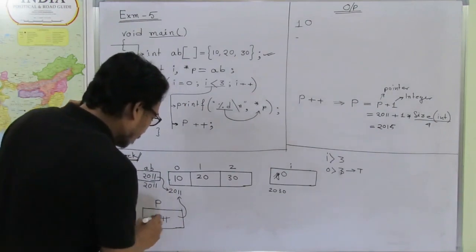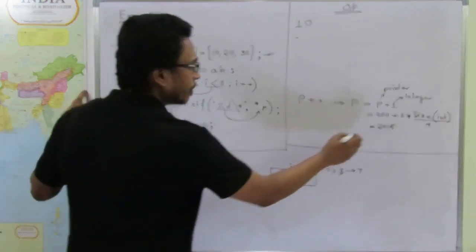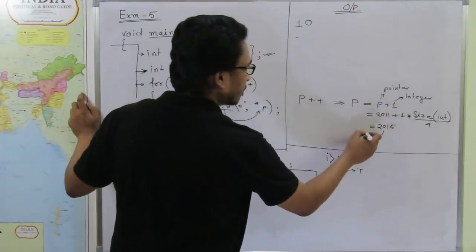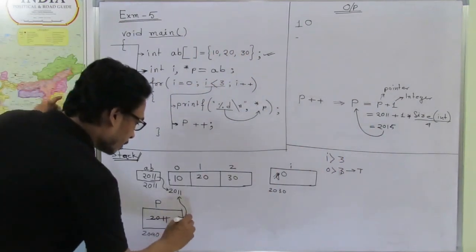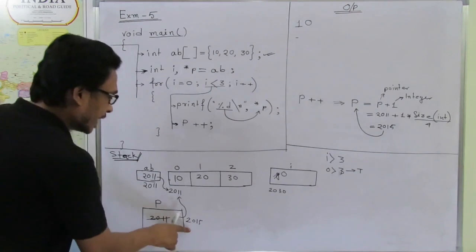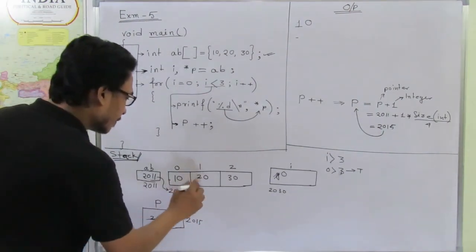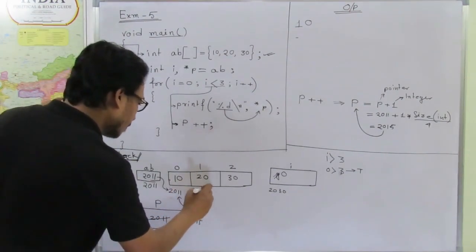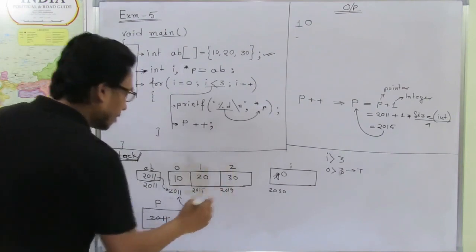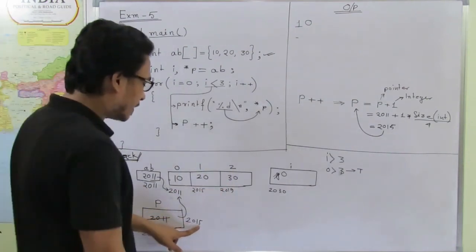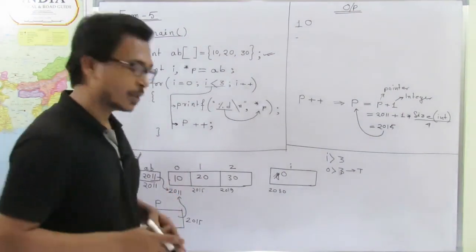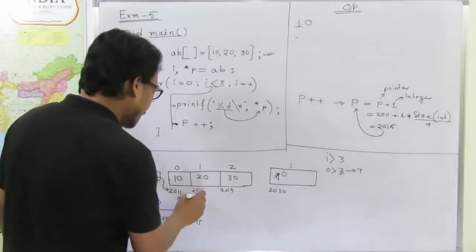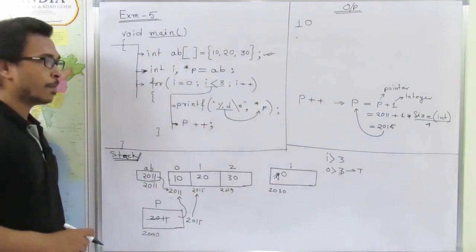Now the content of p will be updated to 2015 because this 2015 will be stored in p. Now this p will hold 2015. Again this 2015 is the base address of the next element, that means the second element in the array itself. So this p is pointing to this particular element now.